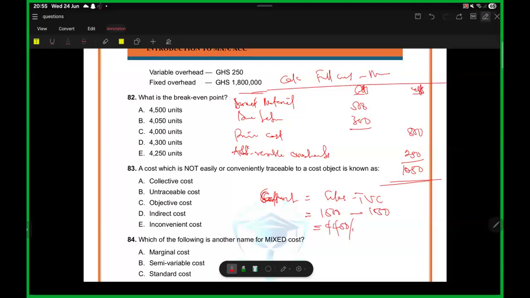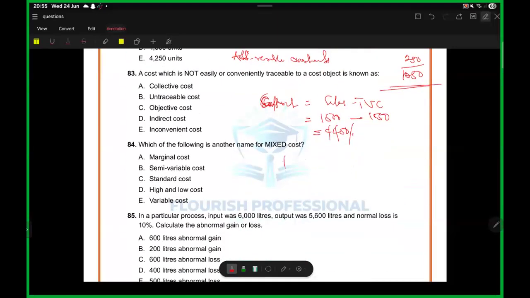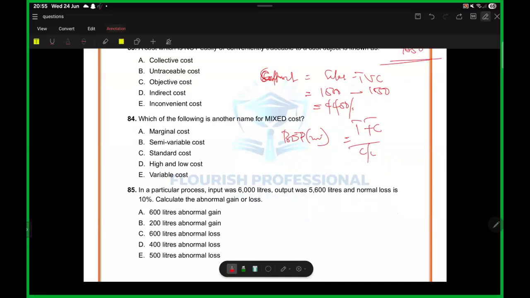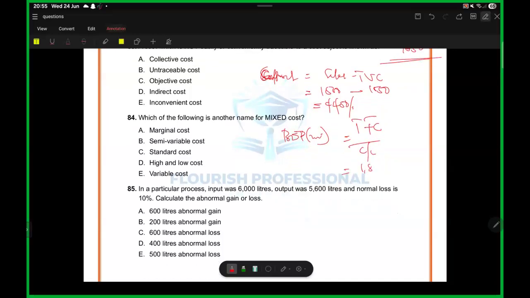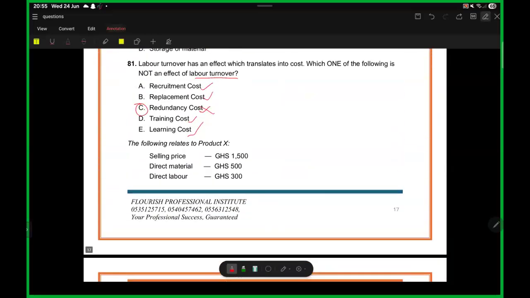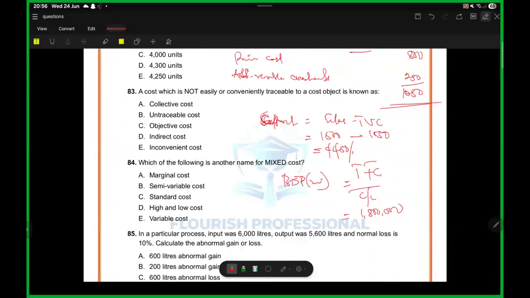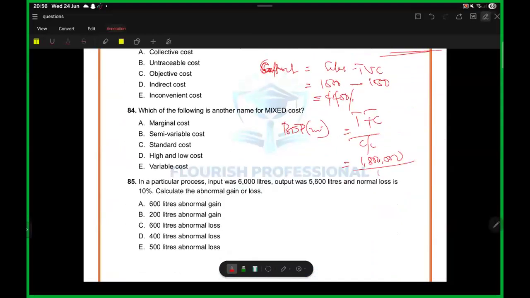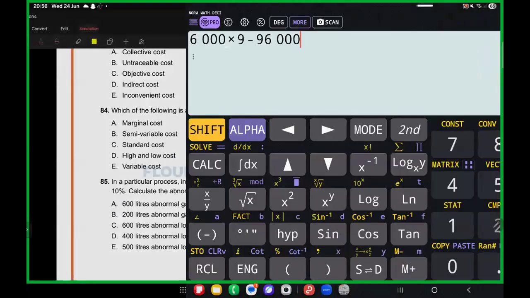450 over here. Now, the break-even formula in units is total fixed cost over your contribution per unit. So total fixed cost is given as 1,800,000, if I'm not mistaken, over the contribution you've calculated, which is 450.